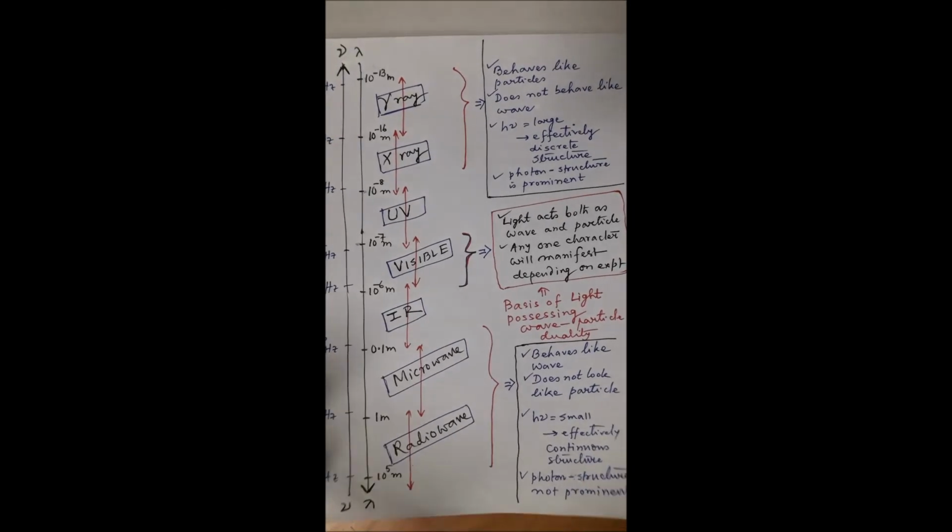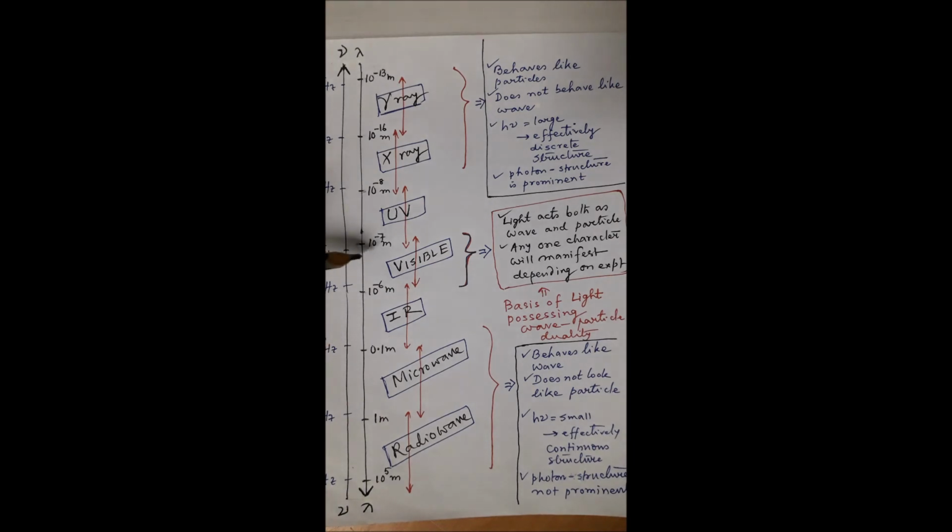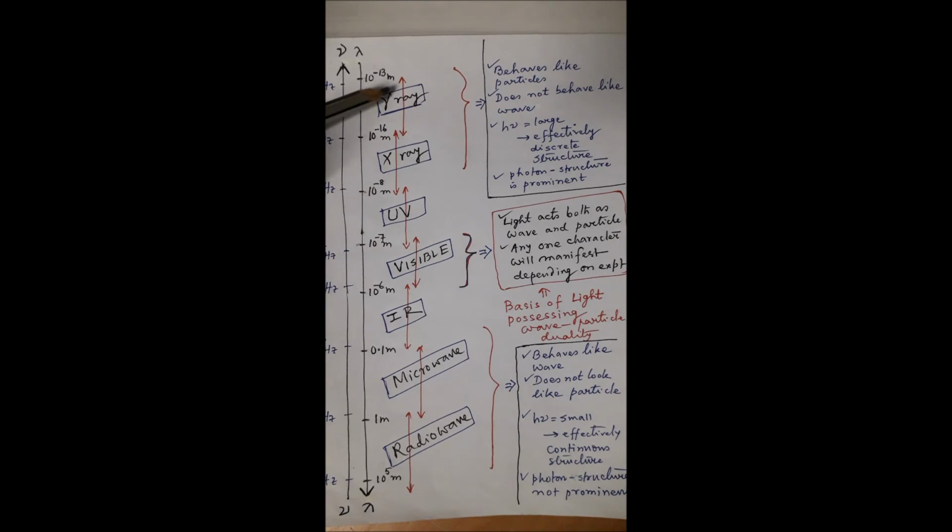Let us now point out, it is the same electromagnetic spectrum redrawn here, and with it we can explain the basis of the wave particle duality that visible light exhibits. Actually, at this end of the spectrum where gamma ray is, it behaves like particles and does not behave like a wave.